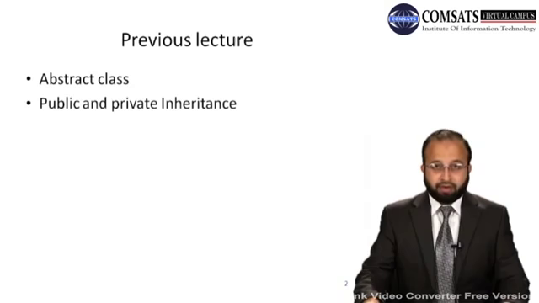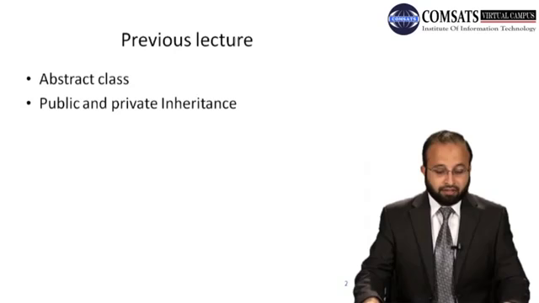Then we have seen public and private inheritance. What is the difference between public and private inheritance? We have seen some examples and a very detailed discussion on public and private inheritance.